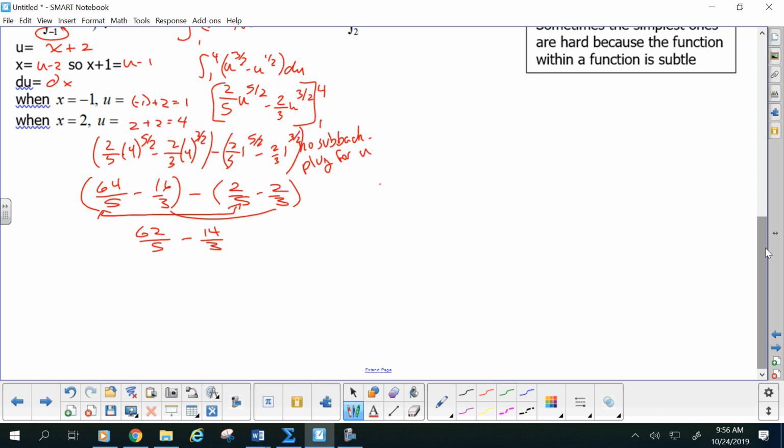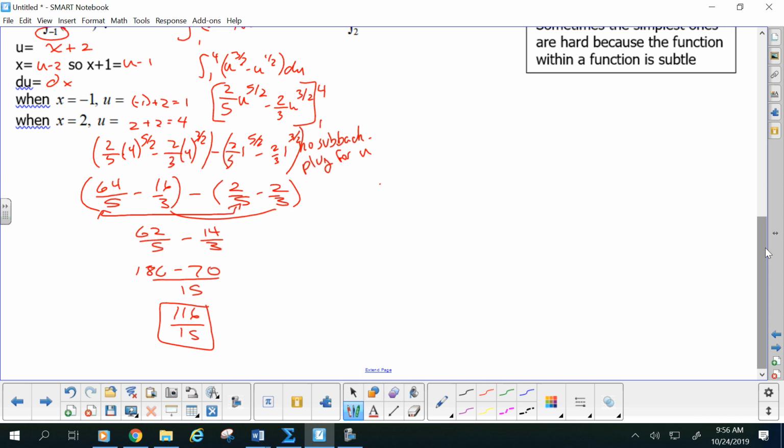Common denominator? 15. The first one you had to multiply top and bottom by 3. Do that without a calculator, your usual. 186. And 14 times 5? 70. 186 minus 70 is? 116 over 15. All right.